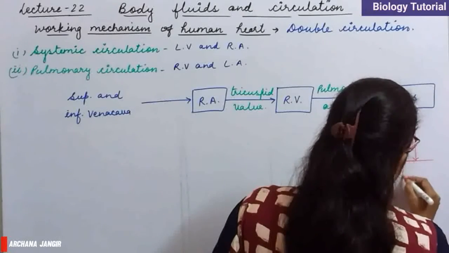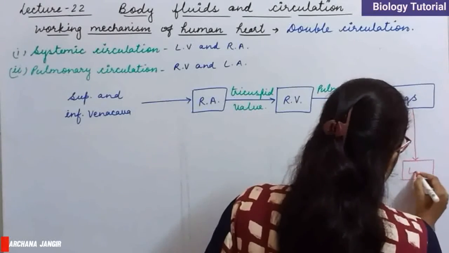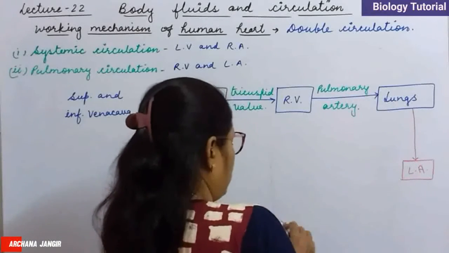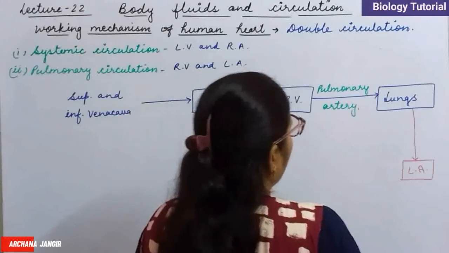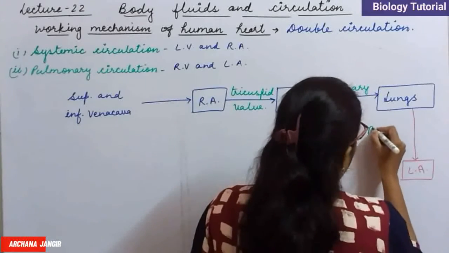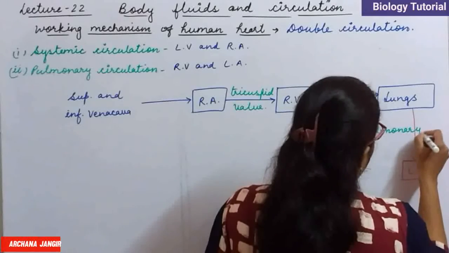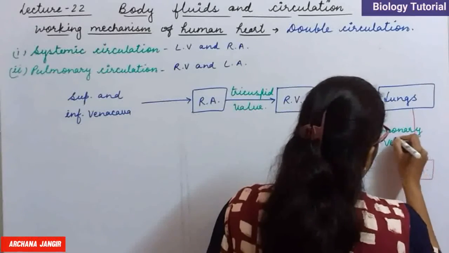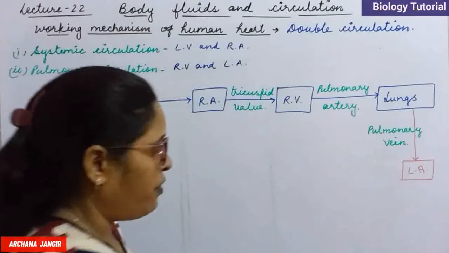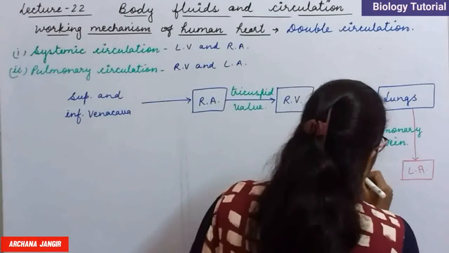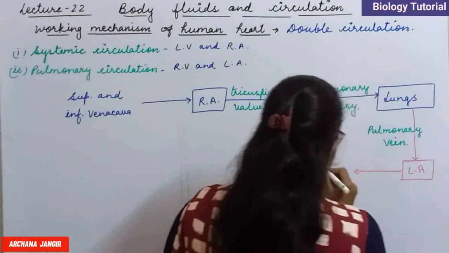So here is the left auricle. The blood vessel which brings the blood is the pulmonary vein. After the left auricle, this oxygenated blood goes to the left ventricle.